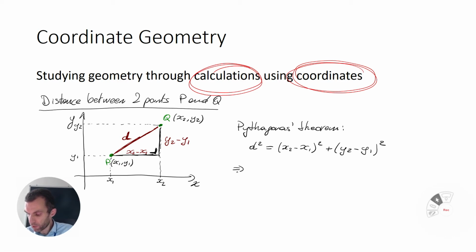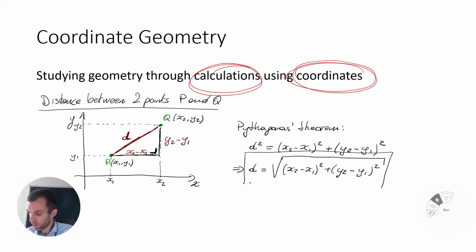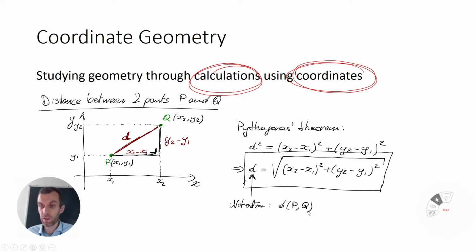Now if we take the square root of both sides, then we get that d is the square root of x2 minus x1 squared plus y2 minus y1 squared. Sometimes when we want to distinguish what points we're calculating the distance between, we'll denote this as d of P and Q to emphasize the distance between P and Q.